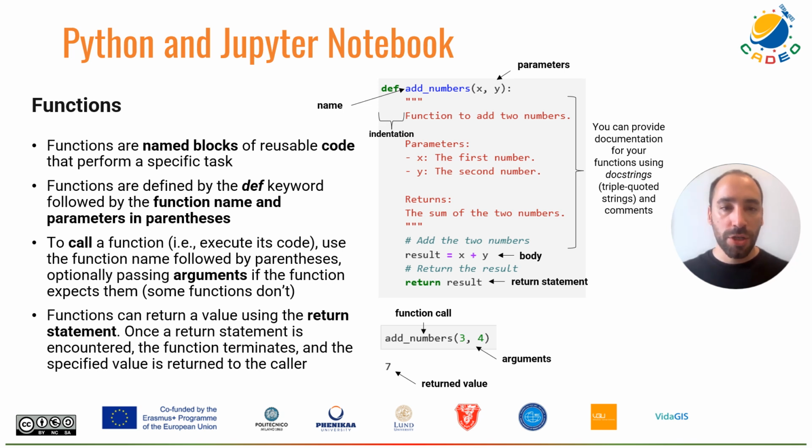To execute a function, we simply call it by writing its name followed by parentheses. If the function requires any arguments, we can pass them inside the parentheses, though some functions do not require any arguments. Additionally, functions can return a value to the caller using the return statement written in them. When the return statement is encountered, the function stops running and the value specified is sent back to where the function was called in your code.